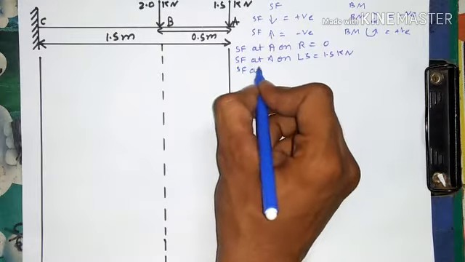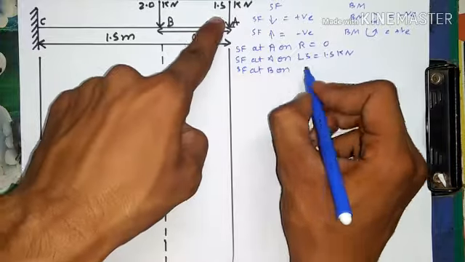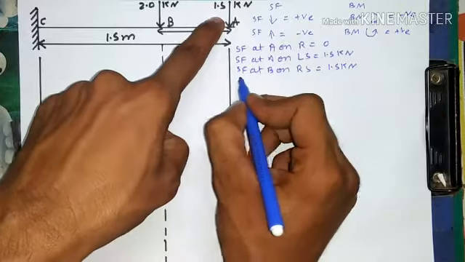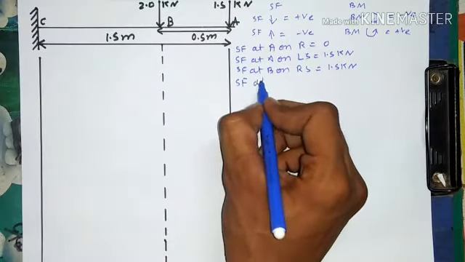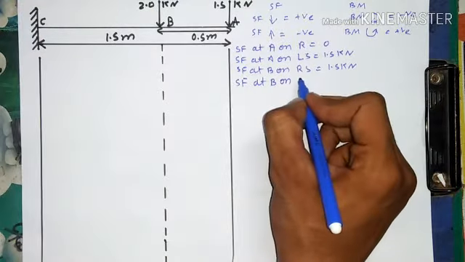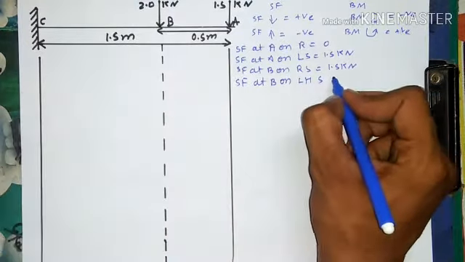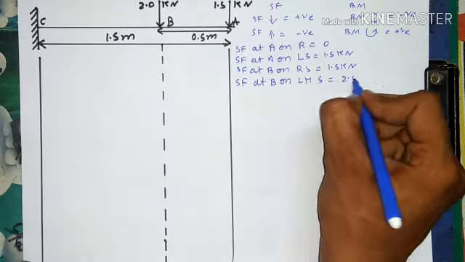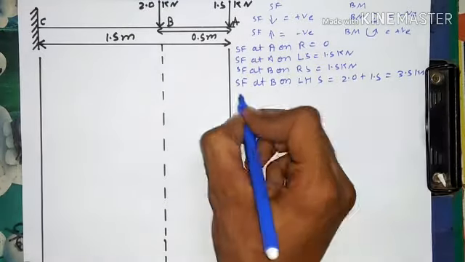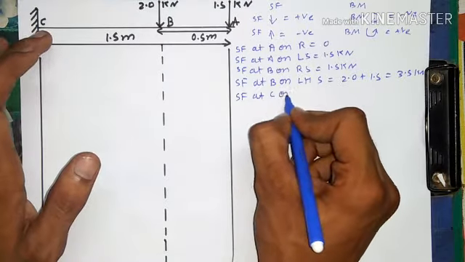Shearing force at point B on the right hand side is 1.5 kilonewton, and shearing force at point B on the left hand side is 2.0 plus 1.5, which is equal to 3.5 kilonewton.